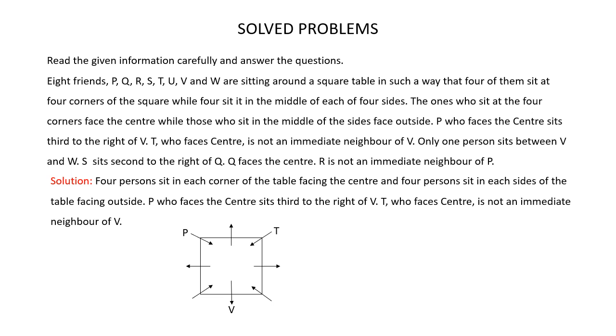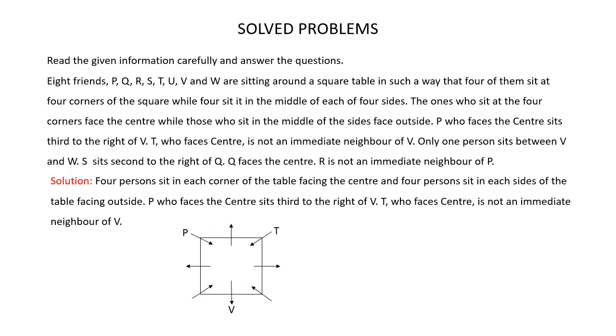So now it's given 8 friends are sitting around a square table in such a way that 4 persons sit in each corner of the table facing the center, and 4 persons sit in each of the sides of the table facing outside. So first draw a square and mark 8 positions such that there are 4 positions at the corner of the square, one in each corner.